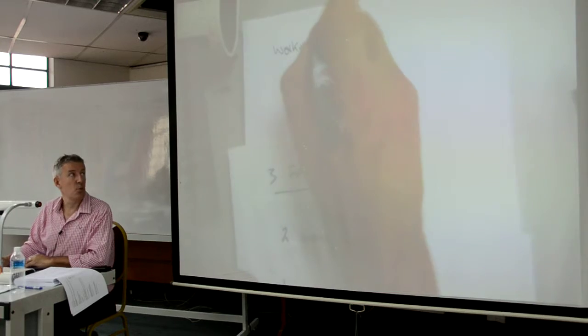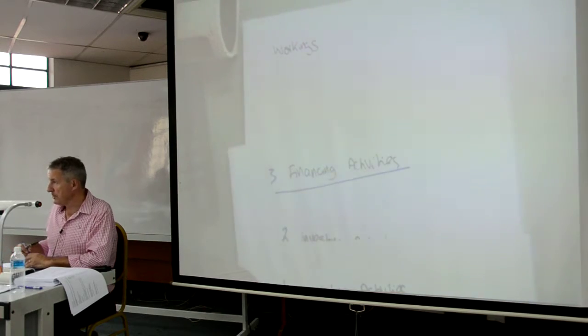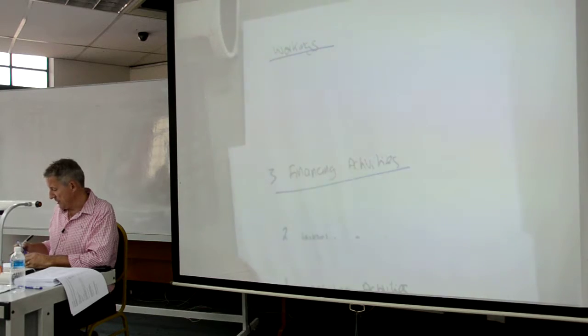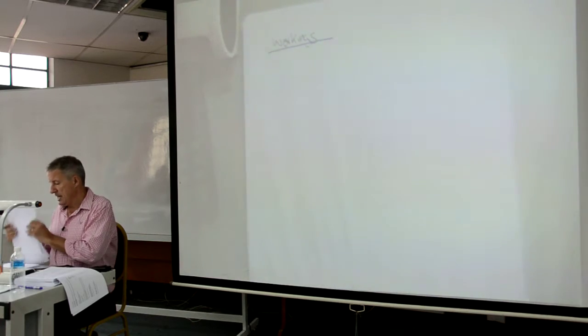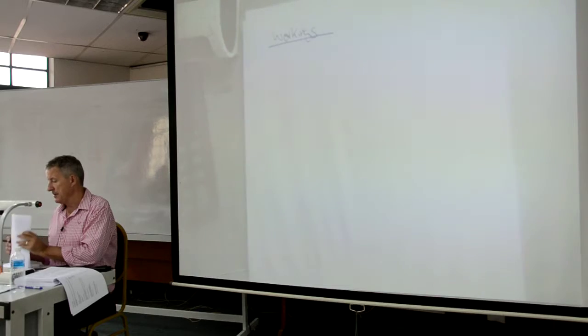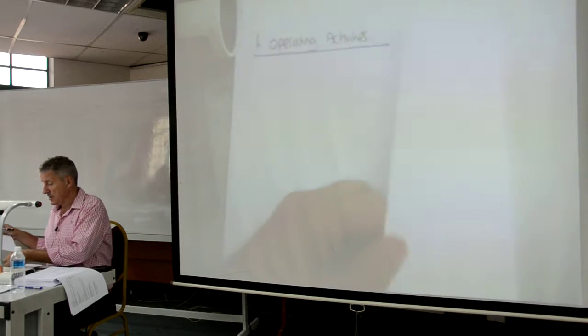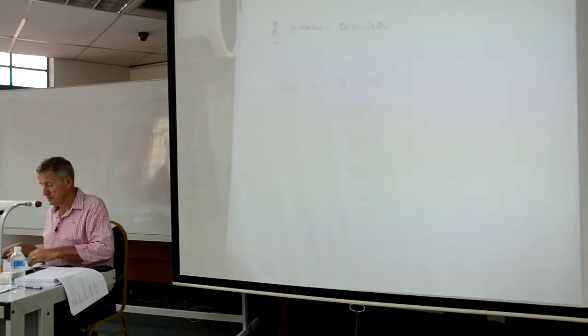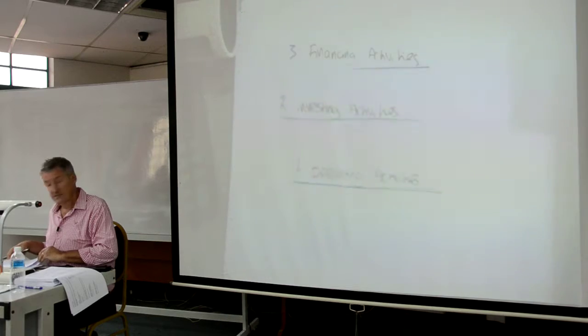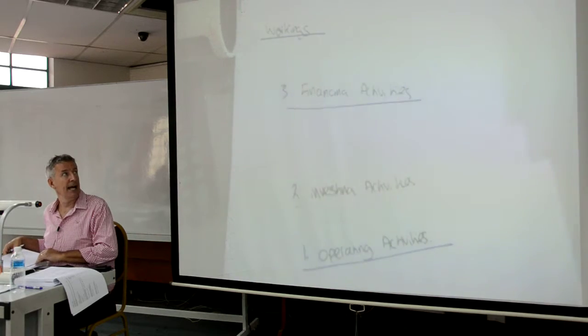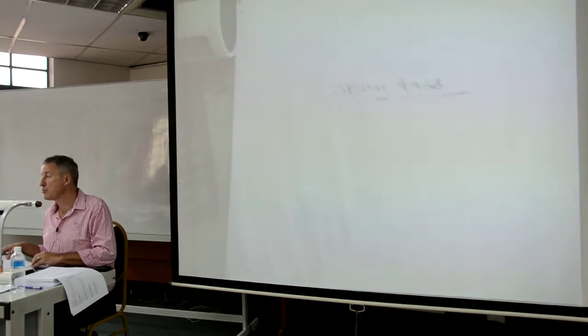Now, if I can get away with short, simple, easy workings, then I will just do so on the face of my answer. But I have opened up my basic workings, so I have operating, investing, financing, and workings, all pre-prepared.